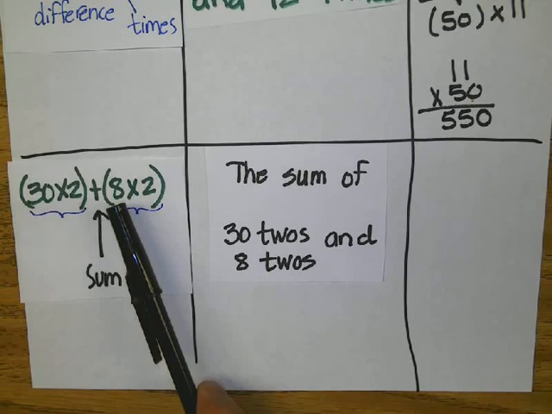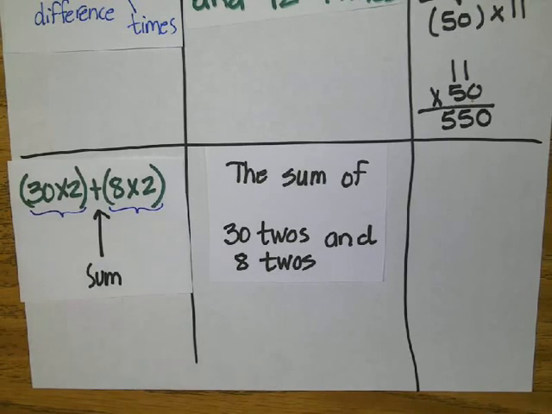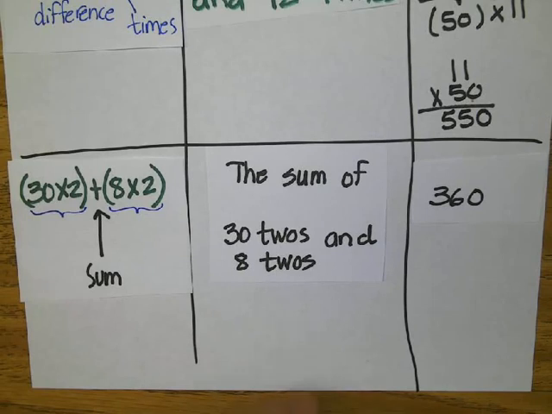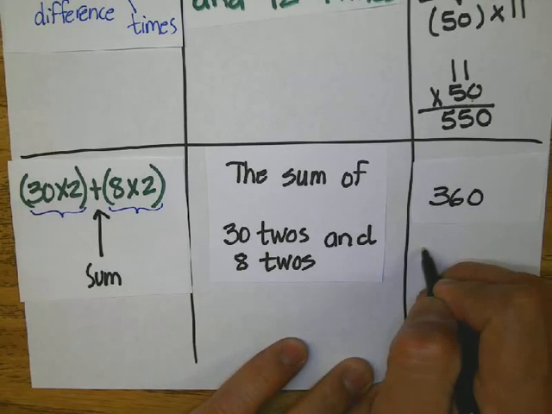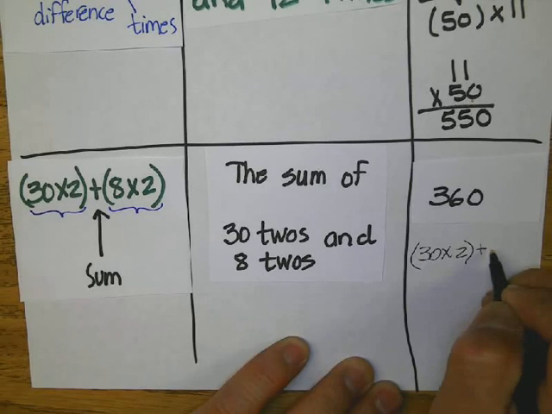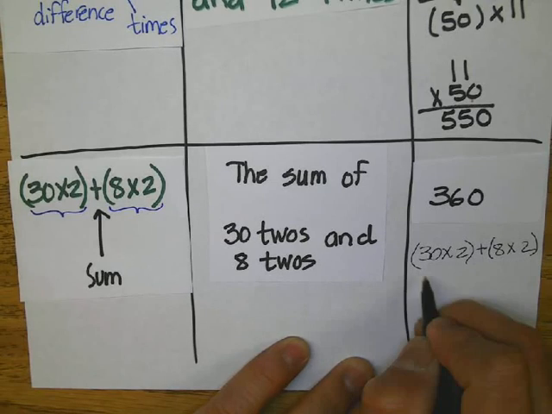And that's how you would find the words for that expression, and then the solution. Let's do the solution quickly. 30 times 2 plus 8 times 2. So let's just solve this right here. 2 times 0 equals 0. 2 times 3 equals 6.